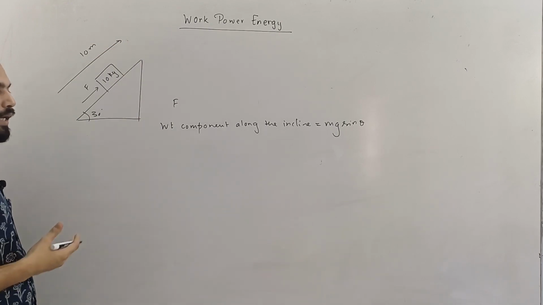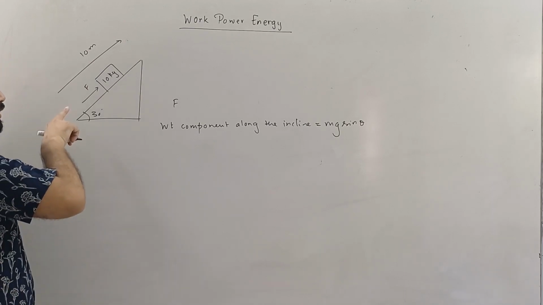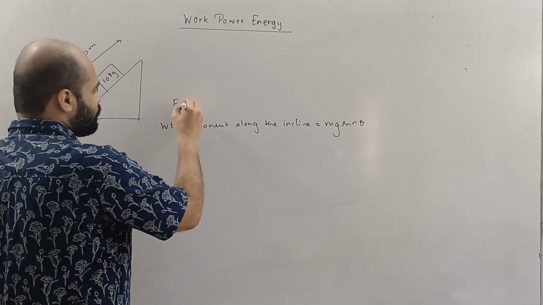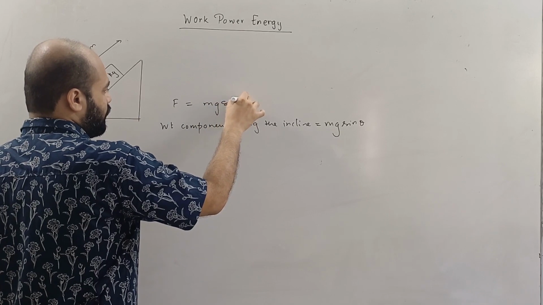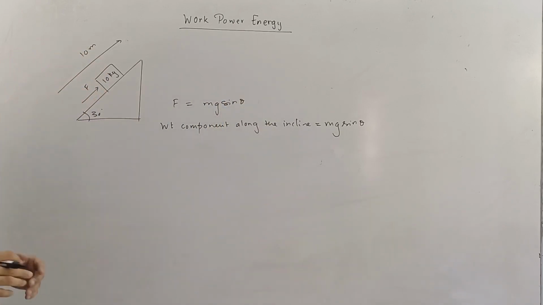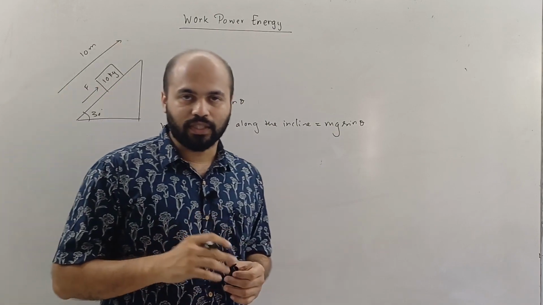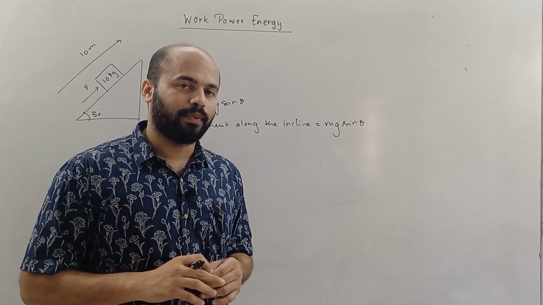So we have to apply an equivalent amount of force in the direction opposite to it, so that we can balance that component, and this force would be nothing but mg sine theta. Now we know from our past experience that if the body has to travel with constant velocity on top, then certainly the net force acting on it should be 0.